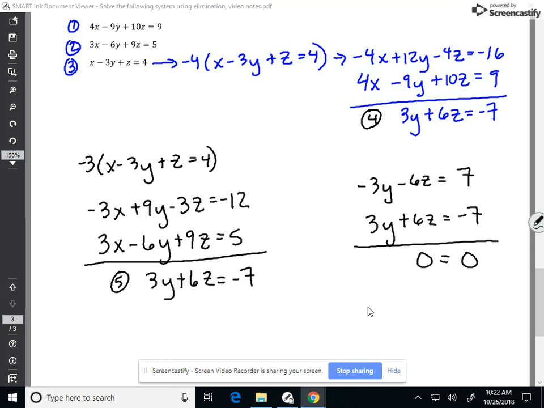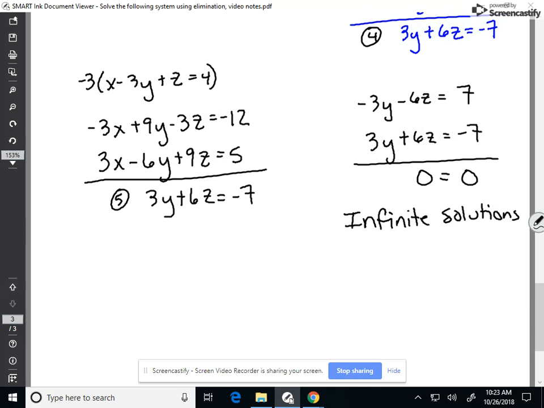And naturally, we would be like, well, obviously, 0 does equal 0. But what this means is that we have an infinite set of solutions. And that we would consider the system to be consistent because there's at least one solution, but the equations themselves are dependent.